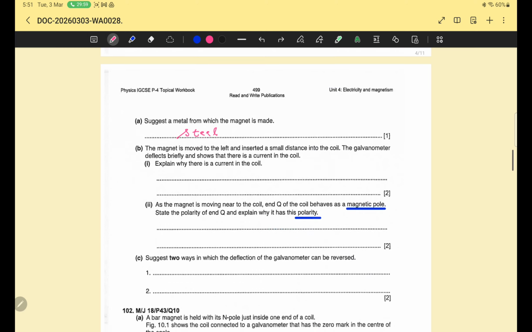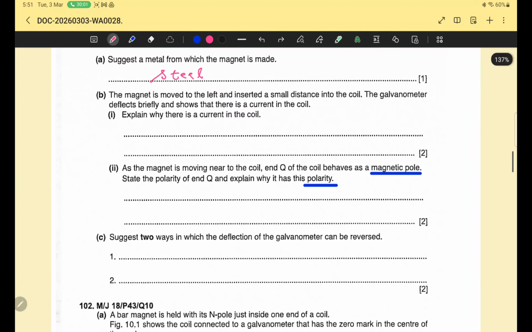When the North Pole is approaching the coil, it will produce a North Pole. This is the statement. So North Pole is produced. And now, Navia, can you explain why North Pole is produced?